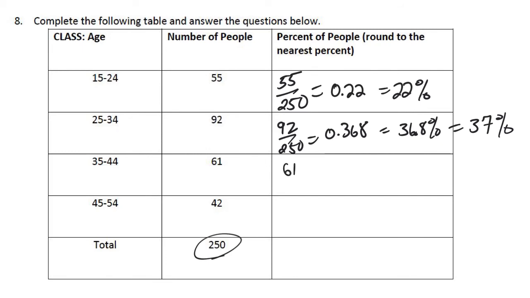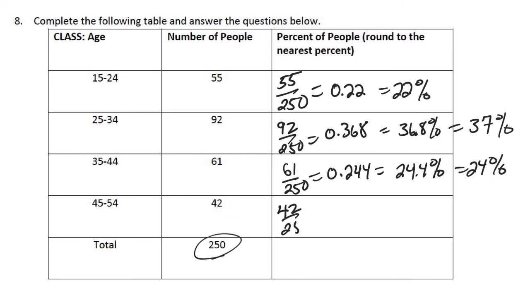For 35 to 44, we've got 61 out of 250, which is 0.244 or 24.4%, but we're rounding, so 24%. And the last one is ages 45 to 54, so we've got 42 out of 250, which is 0.168, which is 16.8%. Rounded to the nearest whole, we're at 17%.